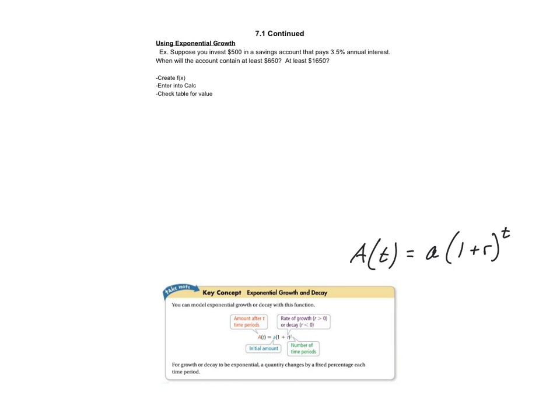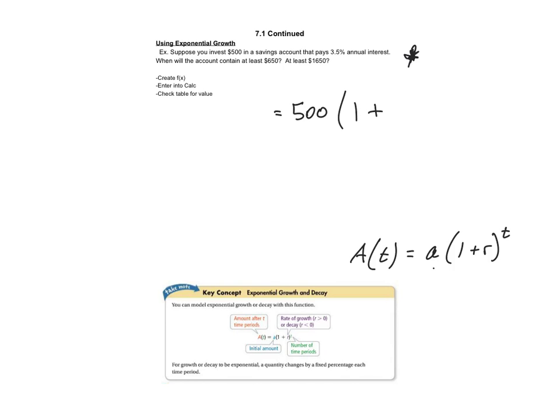So again, in this case where we talk about exponential growth and we're talking about money, they're asking me, suppose that you've invested $500. Well, that's my initial amount. So I know that I've invested $500.